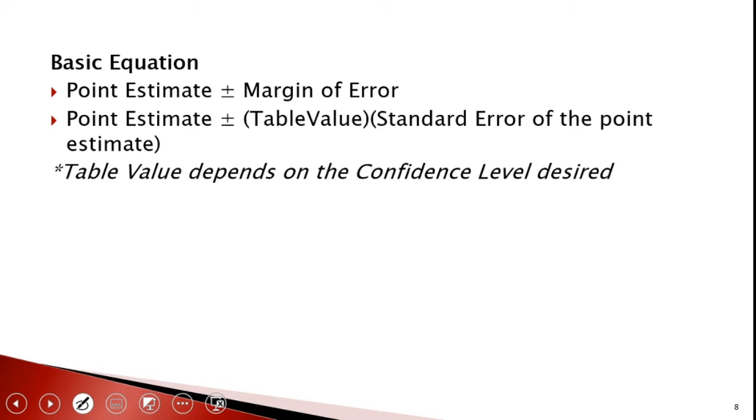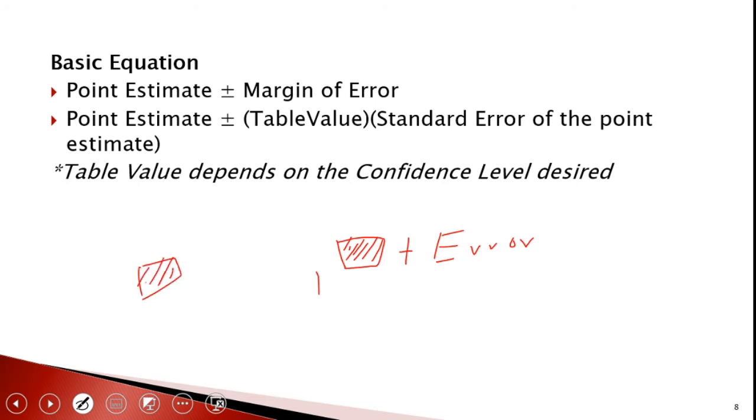There is one more thing you should know. Basic equations. Point estimate, again it's a value. This is my point estimate, and there is something we call error, plus error, or we can do the same thing by subtracting from this value.